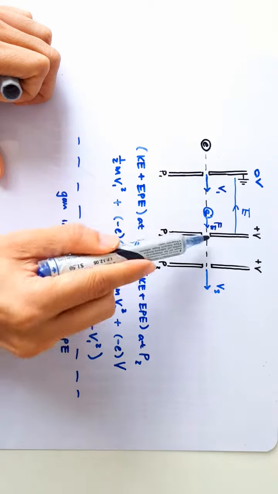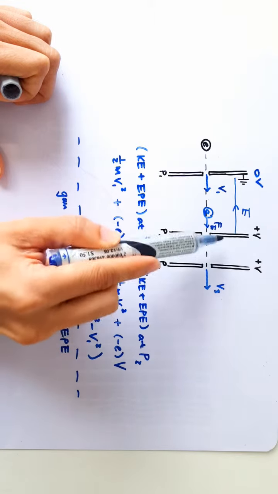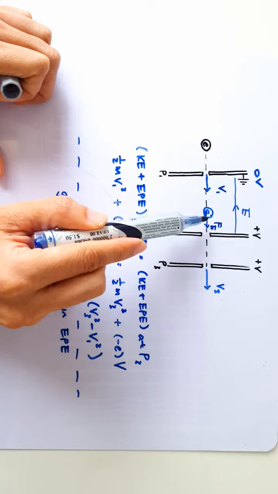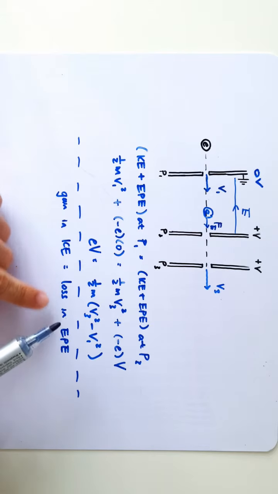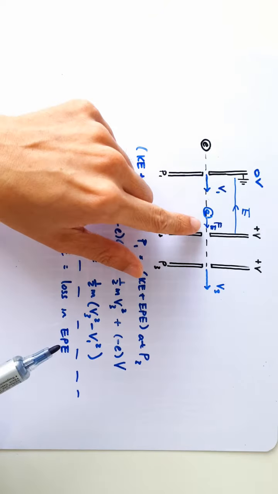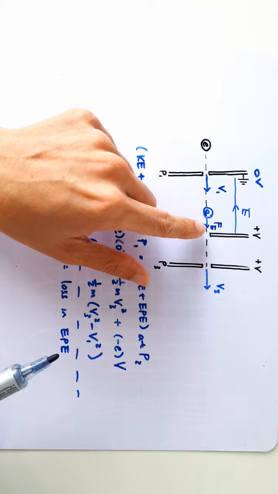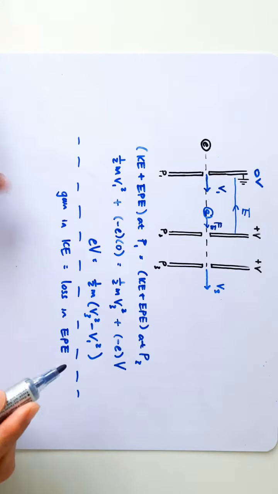Between these two plates, there's actually no electric field because there's no potential difference between them. So we figure out that it's actually a gain in KE, which means that the electron must be losing EPE as it travels from here to here. Between here and here, there's no gain or loss of EPE because there's no potential difference between these two plates.